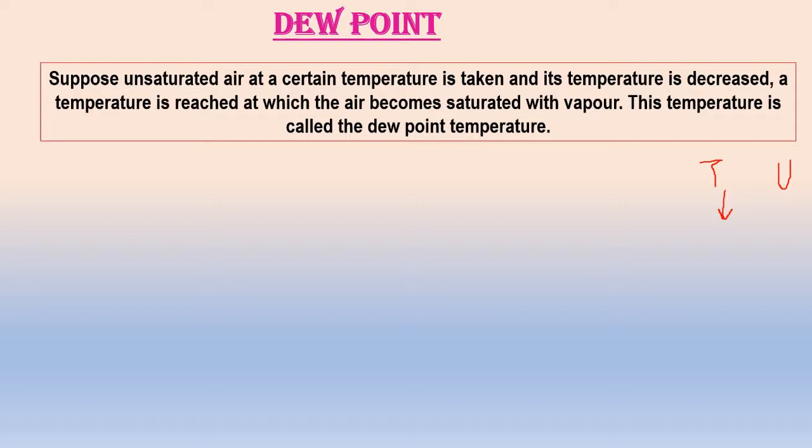A temperature is reached at which the air becomes saturated with vapor. As we keep on decreasing the temperature, at some point this unsaturated air will become saturated, because the temperature is decreasing. This temperature is called the dew point or dew point temperature. The temperature at which the unsaturated air becomes saturated is known as the dew point.